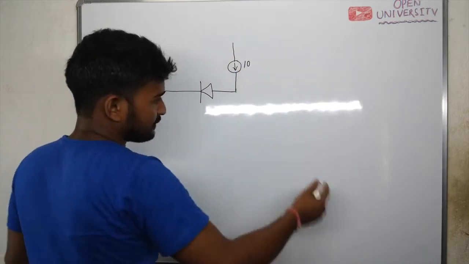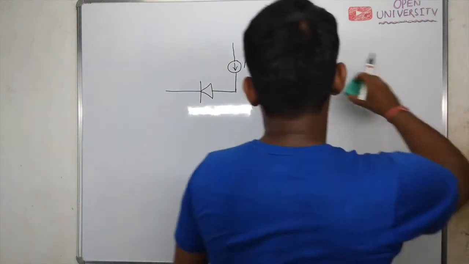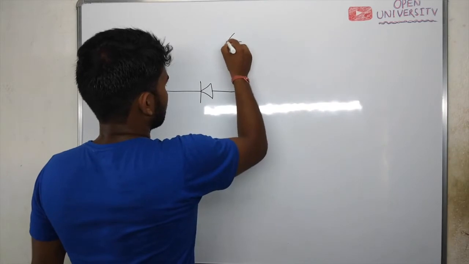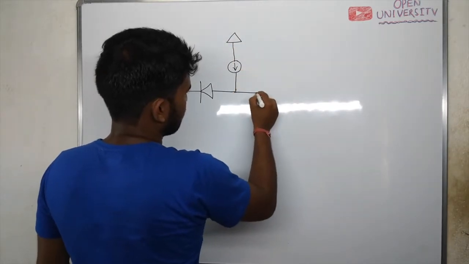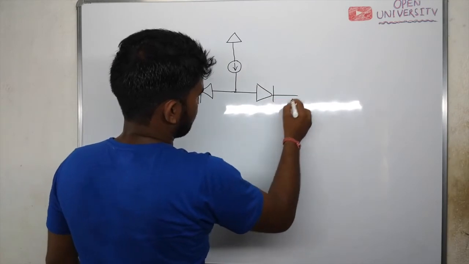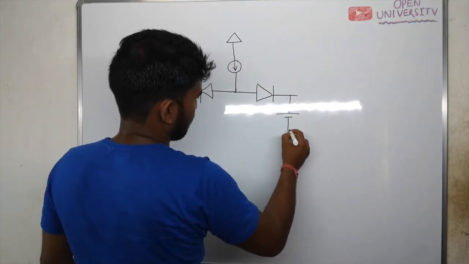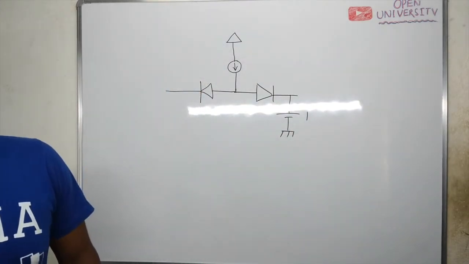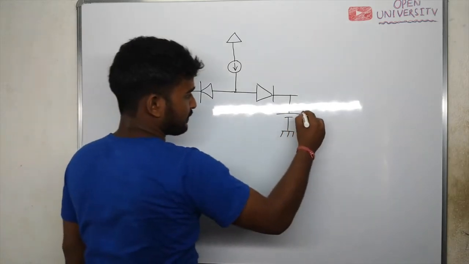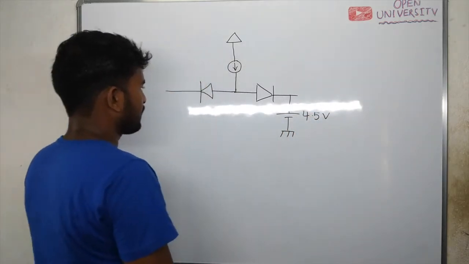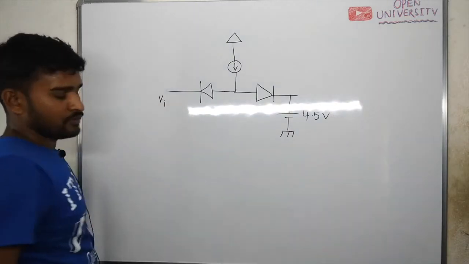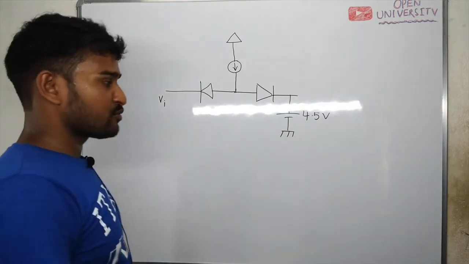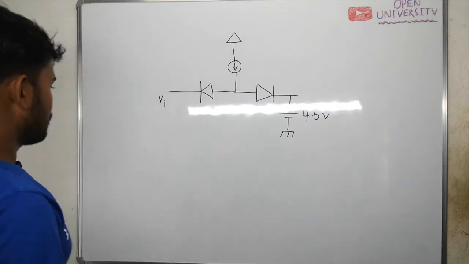This is I. B is a 4.5 volt battery, and this is your input voltage, V, which is a 10 volt peak sine wave signal, that is, a sine wave signal having peak value 10 volt.